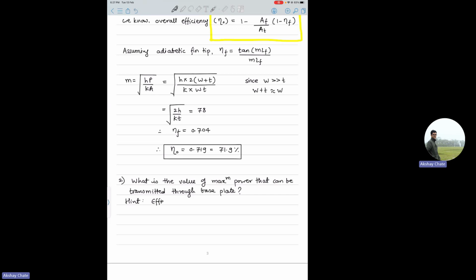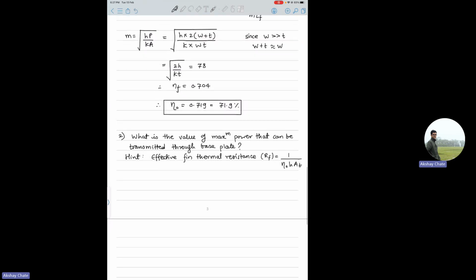Effective fin thermal resistance RF is given as 1 by overall efficiency, H and total area. So that is the case also, because we write Q as overall fin efficiency into HA, total surface area for heat transfer, into delta T.